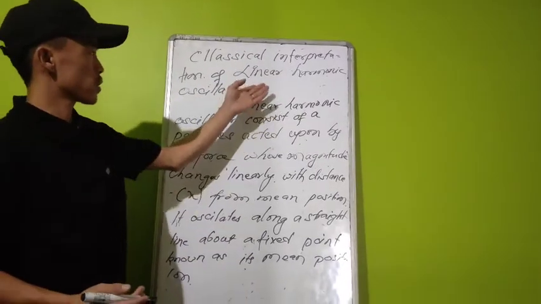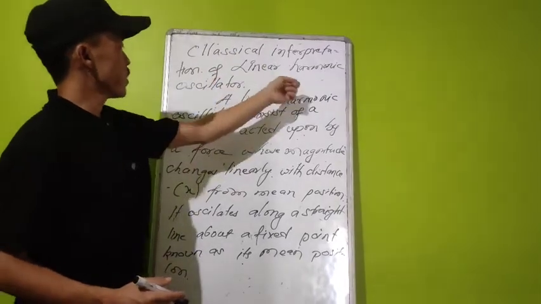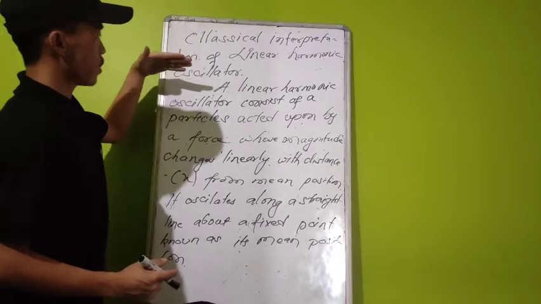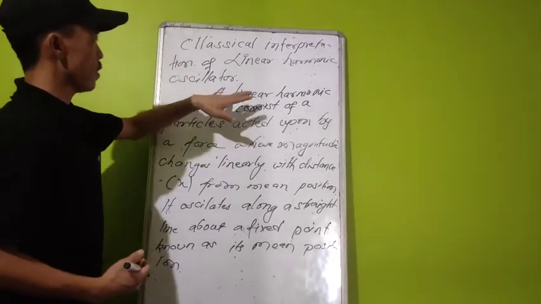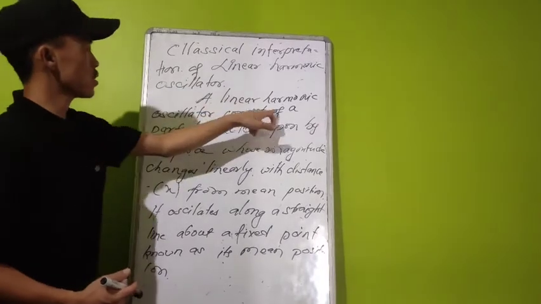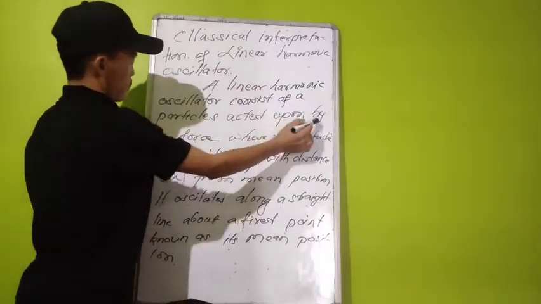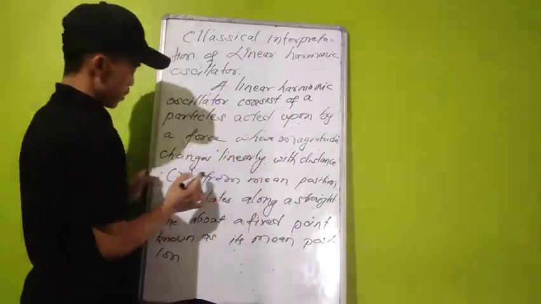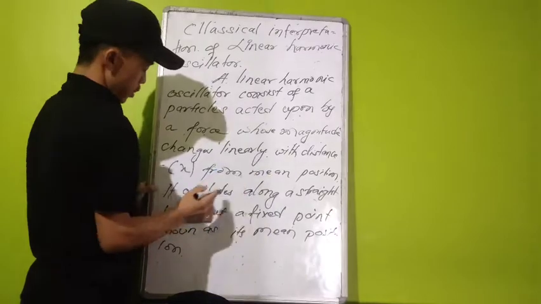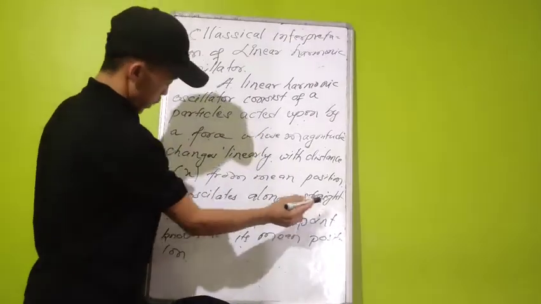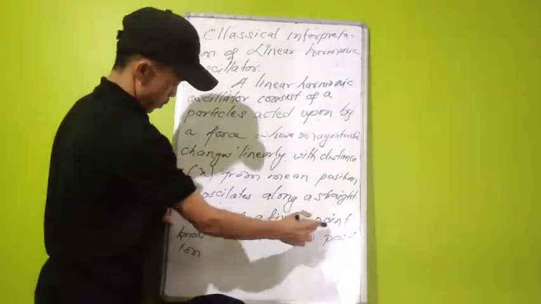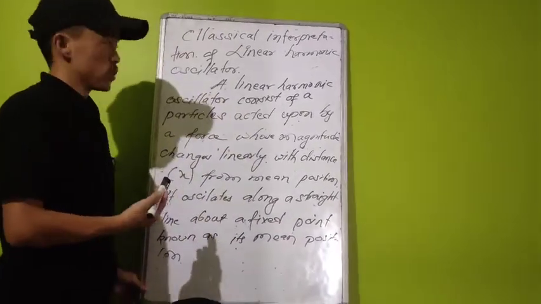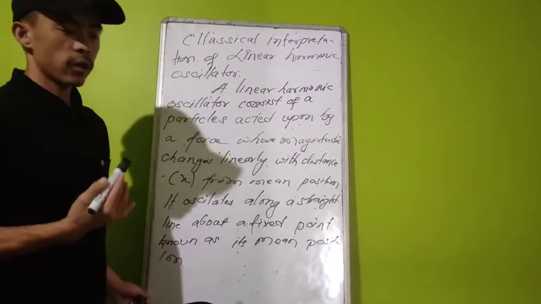A linear harmonic oscillator in the classical concept consists of a particle acted upon by a force whose magnitude changes linearly with distance x from the mean position. It oscillates along a straight line about a fixed point known as its mean position. So this is the definition of the linear harmonic oscillator in the classical concept.